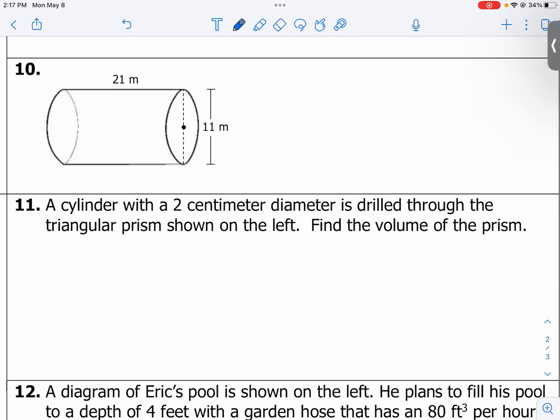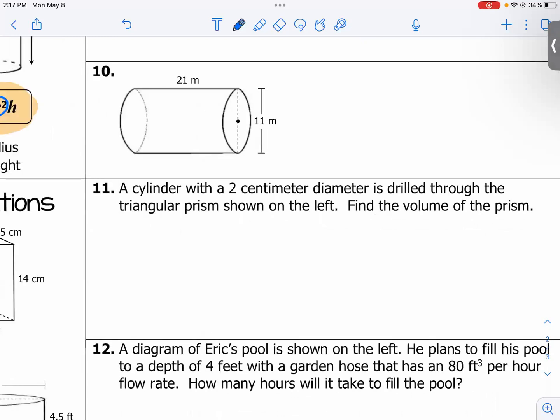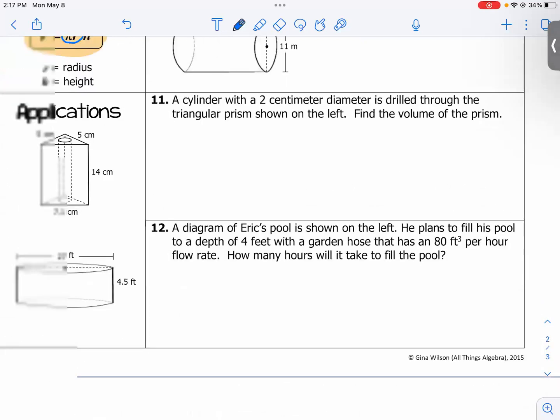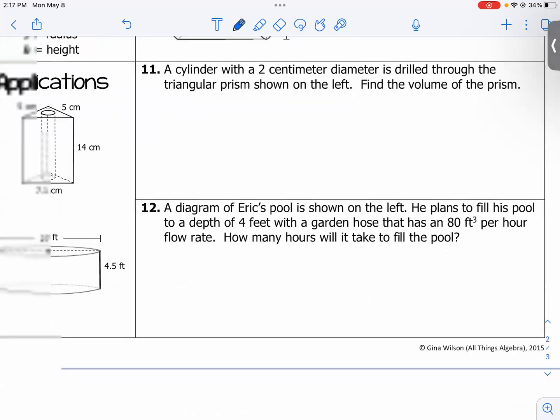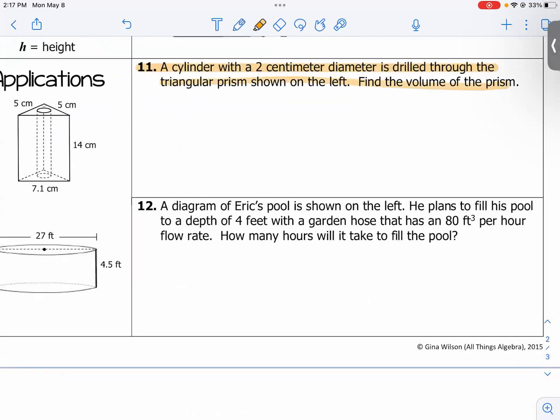The radius is 5.5. Okay, I am going to give you 90 seconds for you and your elbow partner to work through number 11.